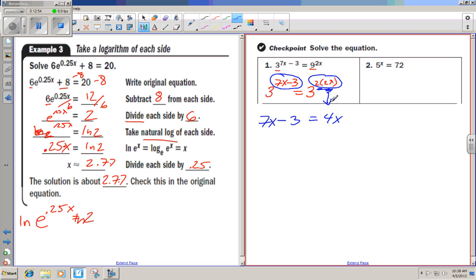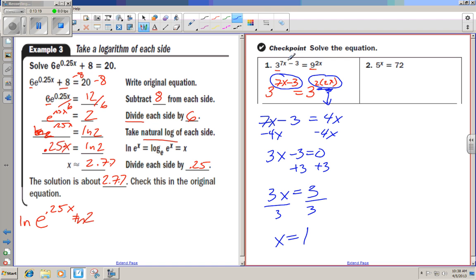Now from here you can do whatever you want, really. We need to get the variable to one side, so let's subtract 4x from both sides. 3x minus 3 equals 0. Let's add 3 to both sides. 3x equals 3. Now let's get rid of that multiplication and get that x equals 1.